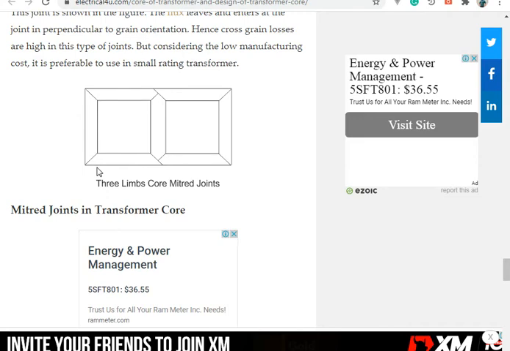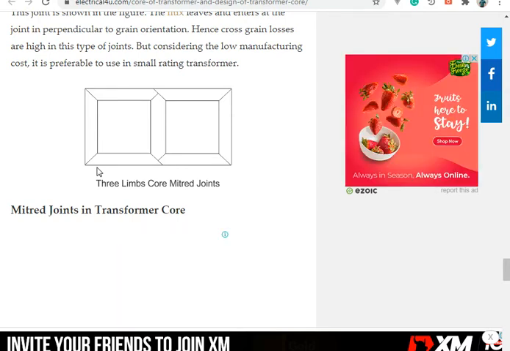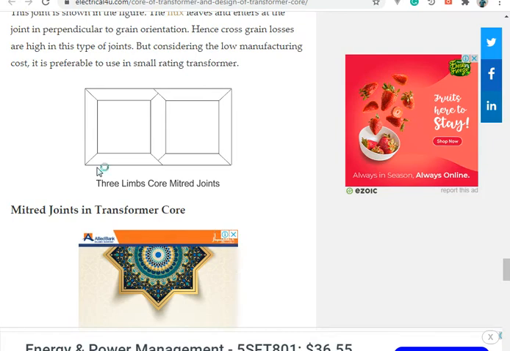Because the silicon steel sheet has a grain embedded in it. If you make the flux flow in the direction of the grain, you have lower losses. If you make the flux flow perpendicular to it, then you are going to have more losses, because the material is designed in such a way that it will allow the flux to flow like this. But if you try to enter the flux perpendicularly, you will have more losses over here. So this type of core is called a mitred joint core. It can be used for the core type or shell type. It's totally up to you.